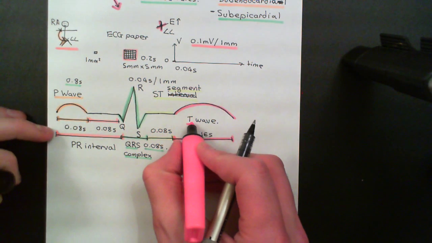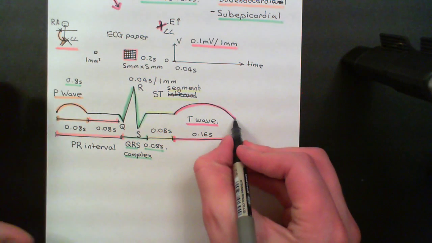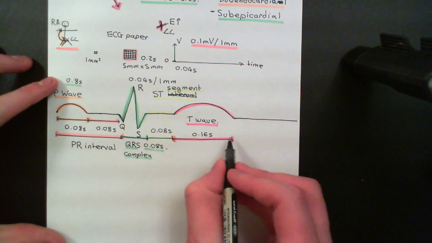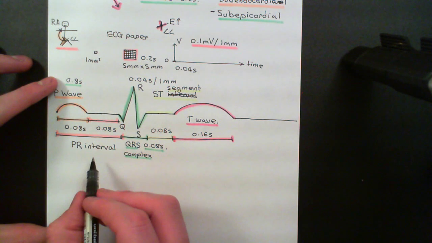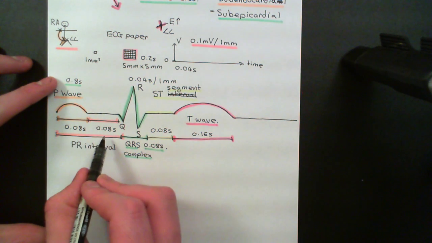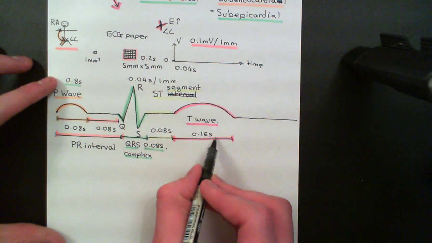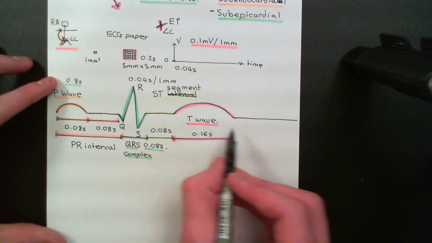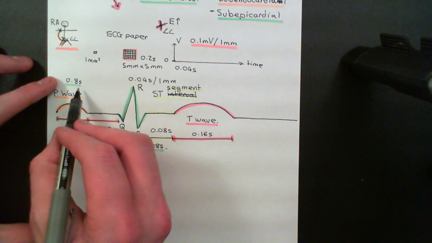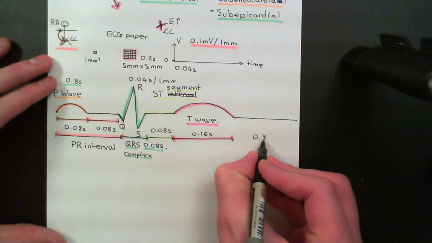After that, the ECG just remains flat until the next cardiac cycle begins. So how much time have we got left over here? Well, we've got 0.08 seconds, 1, 2, 3, 4, 5, 6 times, so we now need 4 more 0.08 seconds to take us up totally to 0.8 seconds, and of course that will be 0.32 seconds.